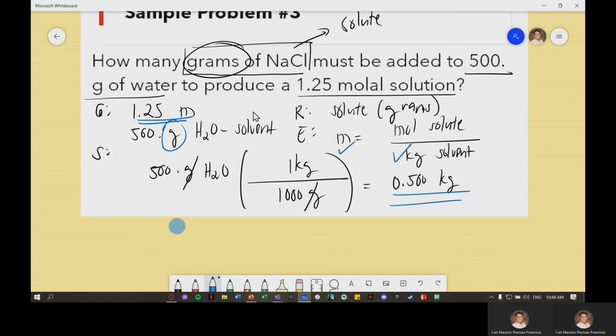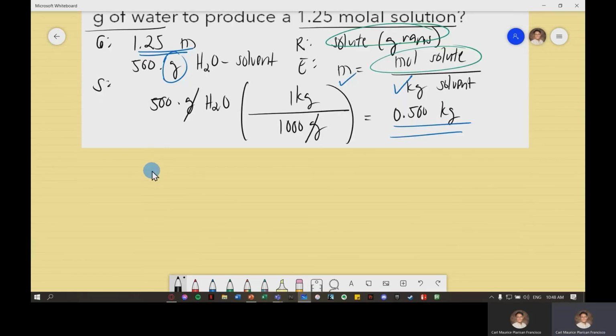And I need to compute for solute. We need to compute for the numerator, solute. But even though the equation gives us moles of solute, the requirement is grams of solute. So we need to derive it later on. First, derive an equation for moles of solute.